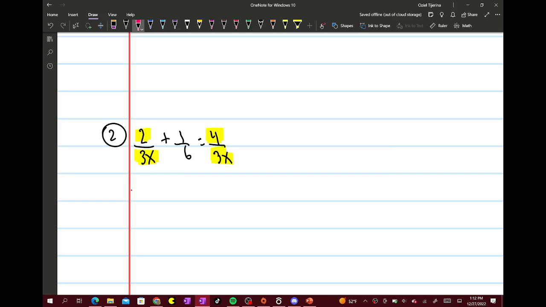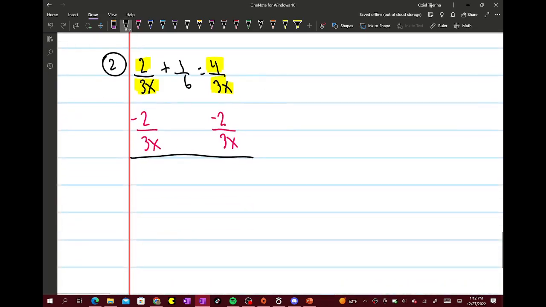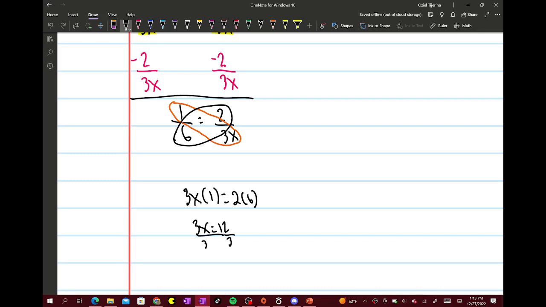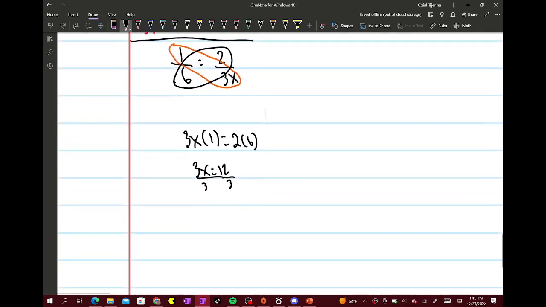All you really have to do is subtract 2 over 3x on both sides, and this would give you 1 over 6 equals 2 over 3x, and then you would do cross multiplication, right? So 3x times 1 is 2 times 6, and so this would be 3x equals 12, and then divide by 3, and you would get x is equal to 4.